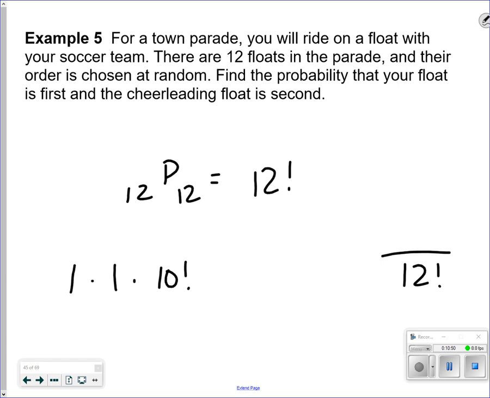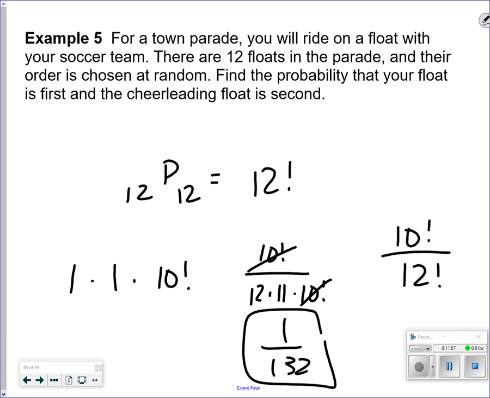So that is, this float's first, this float's second, and 10 factorial. So now all we're down to is 10 factorial over 12 times 11 times 10 factorial. And again, I can cancel that out, which makes 1 out of 132 the probability that you will actually get your float, the cheerleading float, and then the rest of the floats.